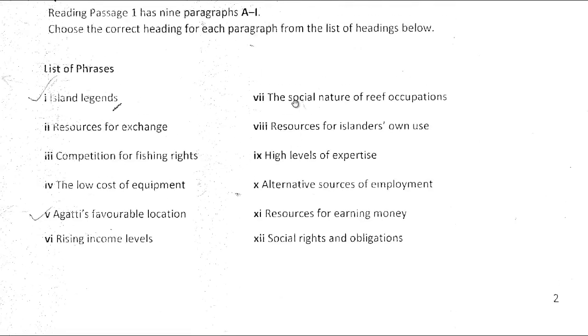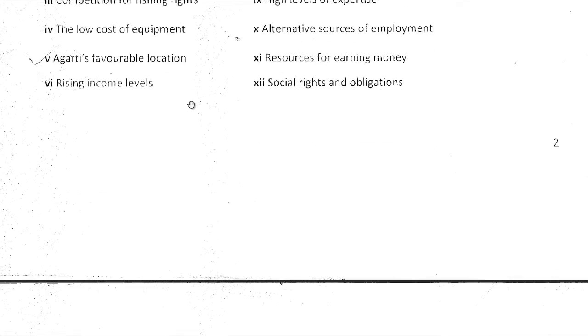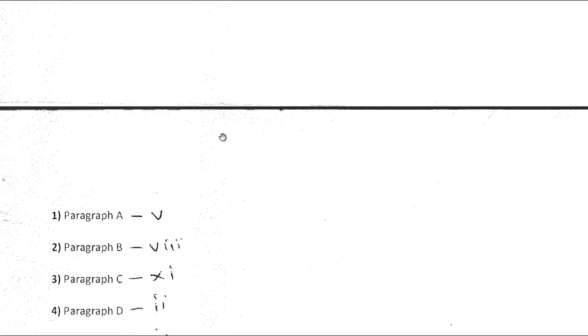You check the list of headings for the one that matches the idea. Remember how I taught you about how to check your list of headings? You use the idea to locate the one that you feel is the answer. Let's even assume that for paragraph A, you chose V and X. Then as you go through the paragraphs, you discover that paragraph B has the X, so you cancel the one you wrote here and put the X there, right?